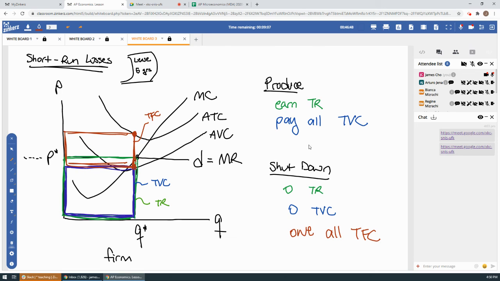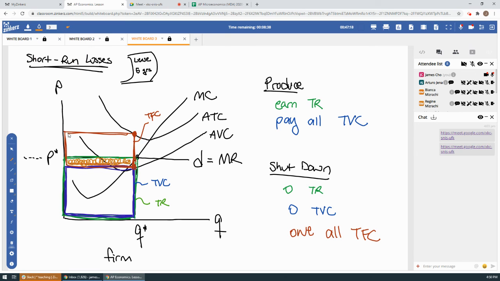But if I decide to produce, I earn this green box worth of total revenue. I have that blue box worth of total variable cost, but I'm able to pay all of it. And I have a little bit of money left over. That little bit of money left over, I'm going to use to pay this much of my total fixed cost.